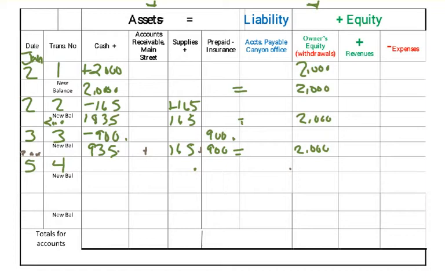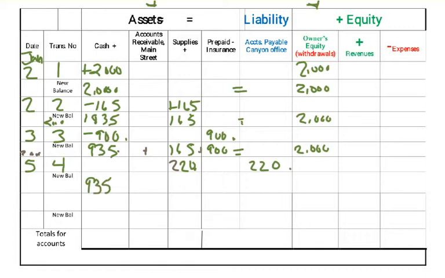So transaction number 4 is, we got in $220 worth of supplies. We bought it on account, which means they gave us credit. Now once again, Mr. Delgado's going to want to know how much cash he has, so you bring down your balances.